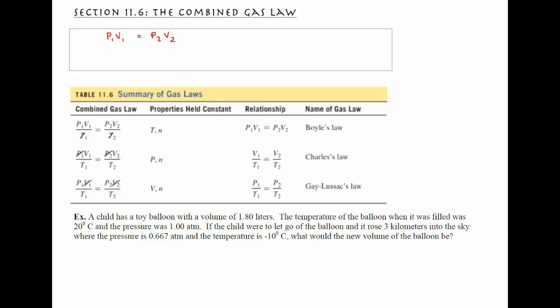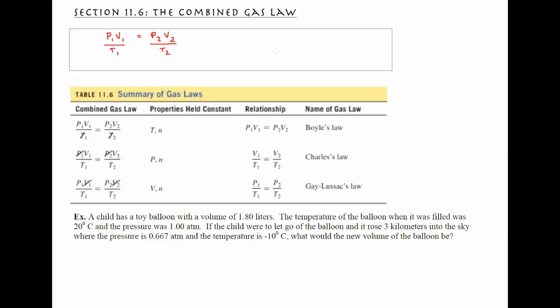Charles' law tells us V1 over T1 equals V2 over T2. So to create my combined gas law, all I'm going to do is put P1 V1 over T1 and P2 V2 over T2. So this is my combined gas law. It's actually nothing new. It's just combining all of those gas laws together.